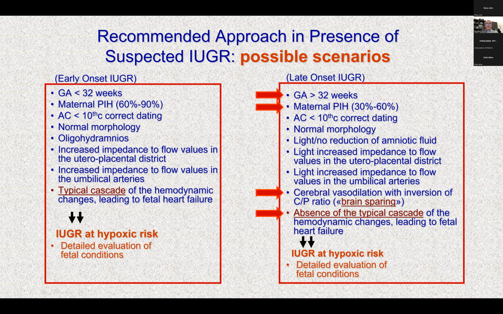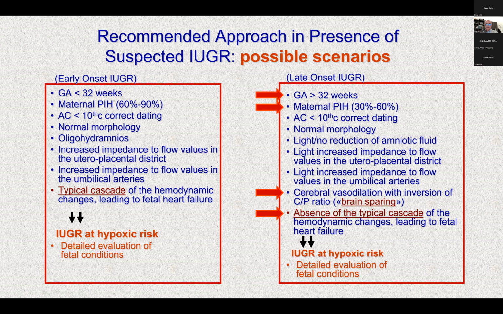We may have a slight reduction of the amniotic fluid or no reduction in the amniotic fluid, alteration in the placental perfusion that is generally not so evident or very late, and alteration in the umbilical arteries that generally is not so evident or very late.